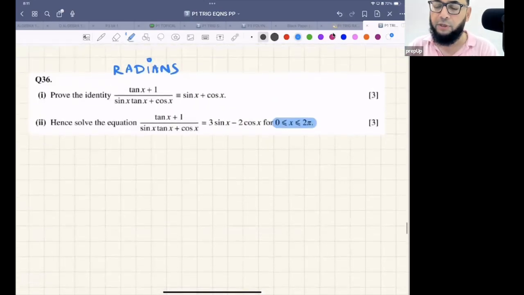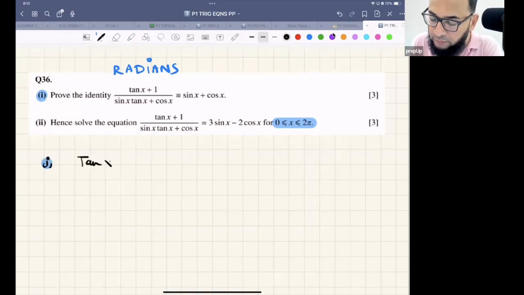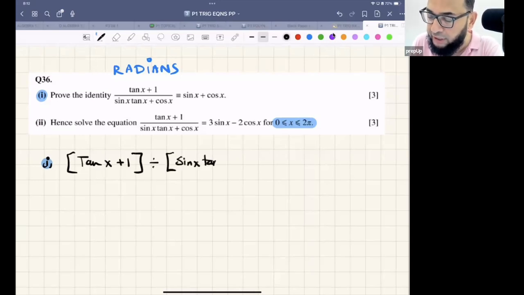Okay, so now it's about proving the identity and then working it out. So first of all, part 1, it says, tangent x plus 1 divided by bracket sine x tangent x plus cosine x is equal to sine x plus cos x.